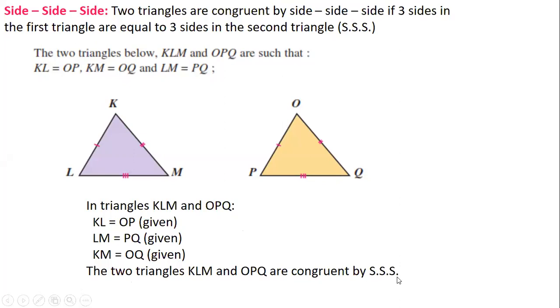Okay. Now we are done with the 3 cases of congruent triangles. Before we start solving exercises together on congruent triangles, I want to ask you all, now that we are working with the three cases of congruent triangles, which are ASA, SAS, and SSS, maybe some of you are asking yourselves, how can we know which case we should apply?